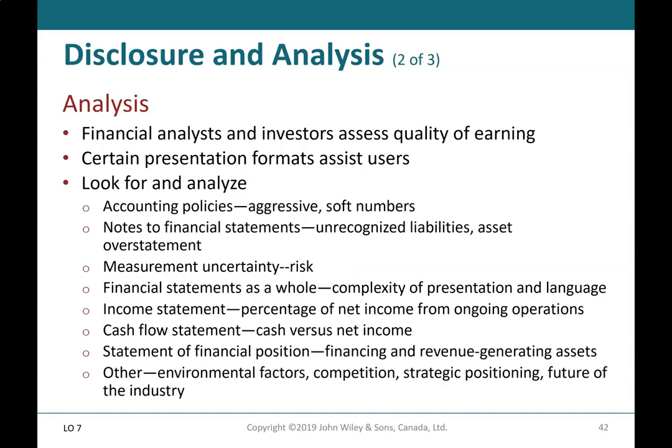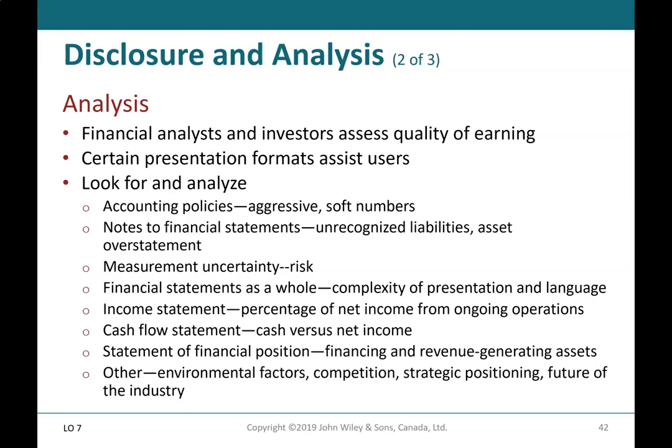Disclosure and analysis, 2 of 3. Analysis. Financial analysts and investors assess quality of earnings. Certain presentation formats assist users. Look for and analyze accounting policies: aggressive, soft numbers, notes to financial statements, unrecognized liabilities, asset overstatement, measurement uncertainty, risk.